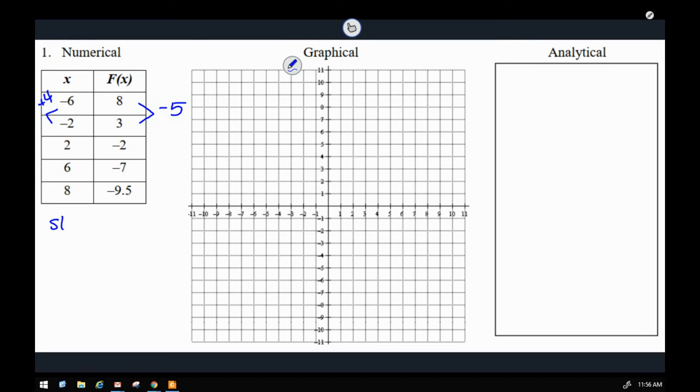So the slope is going to be the change in y, which is -5, over the change in x, which was +4. This will go in that first box underneath.